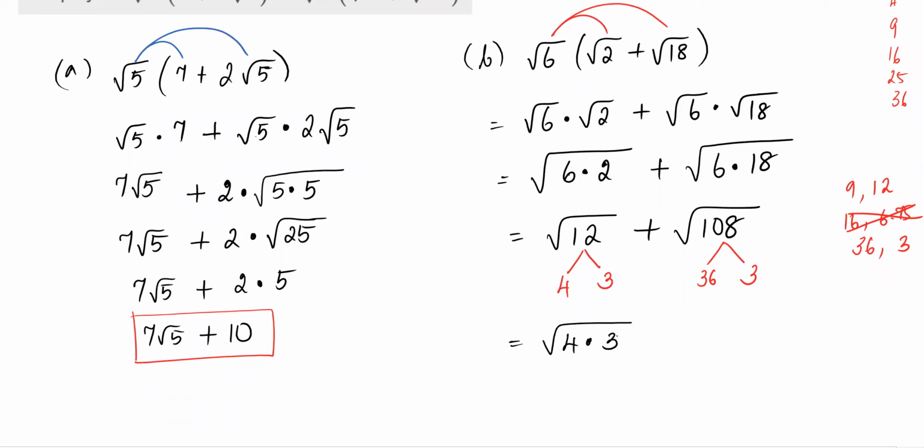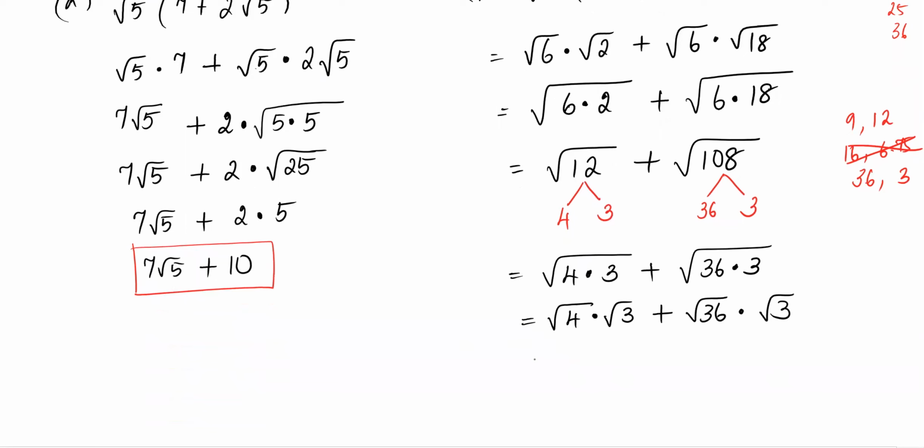Square root of 4 times 3 plus square root of 36 times 3. Right, let's split it up. Square root of 4 is 2 root 3. Square root of 36 is 6 root 3.